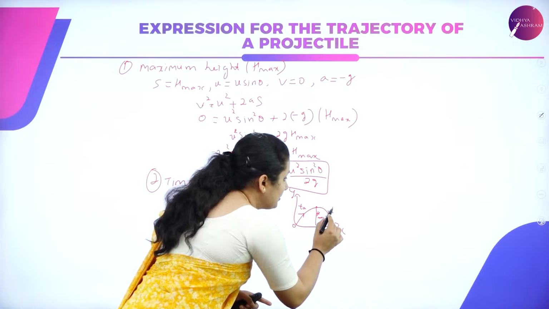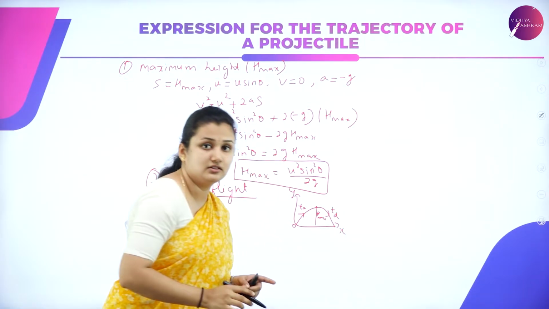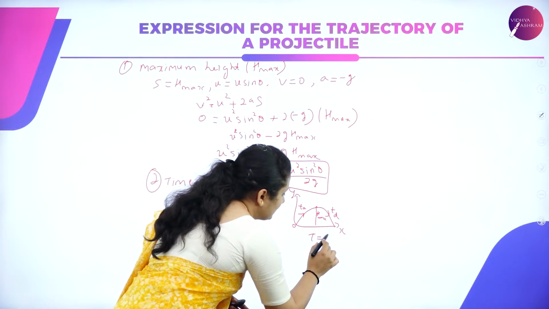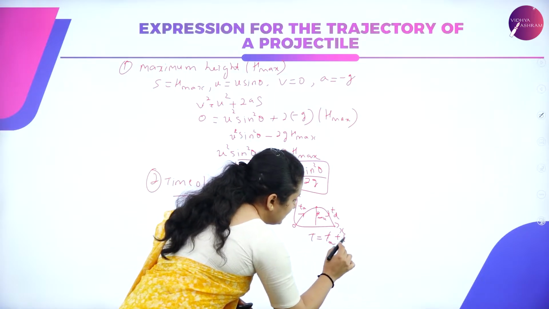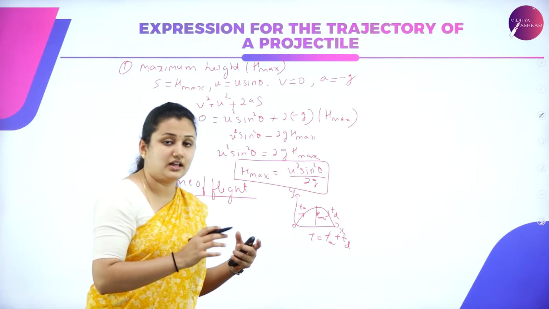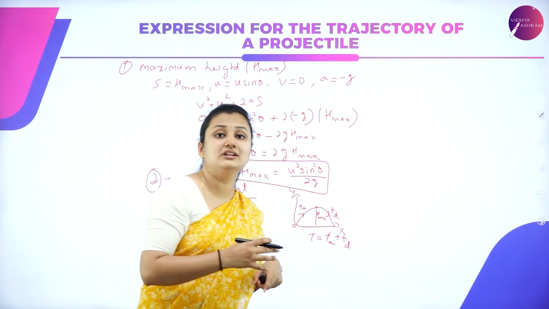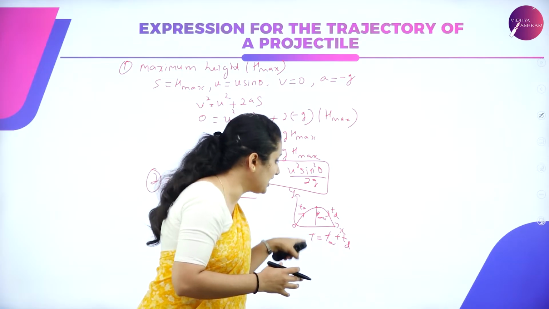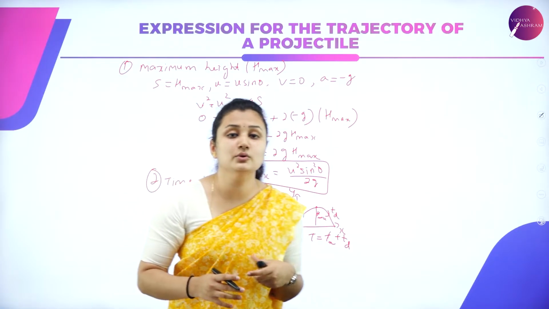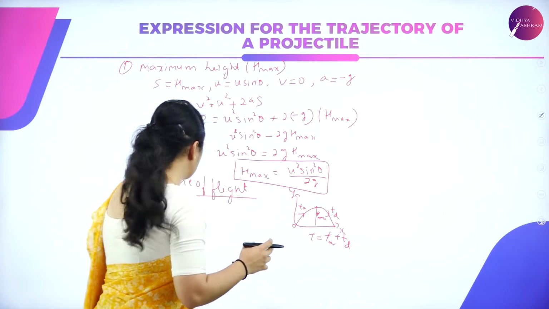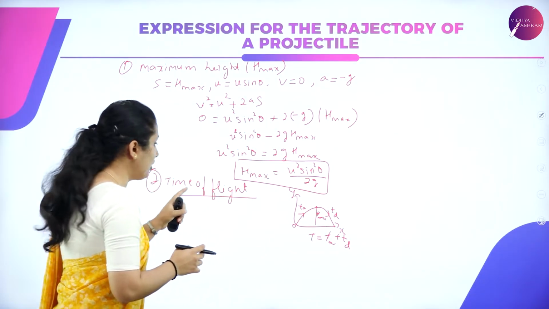The time taken by the projectile to descend is td. So your total time of flight is ta plus td, the time taken to ascend plus the time taken to descend. That is the total time taken to complete one parabolic path.